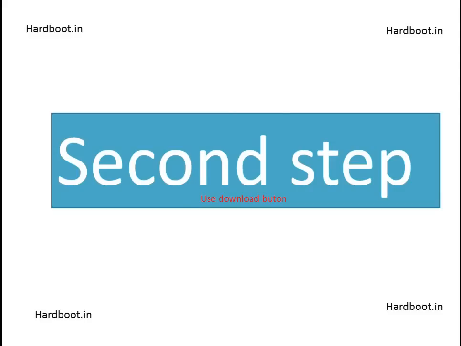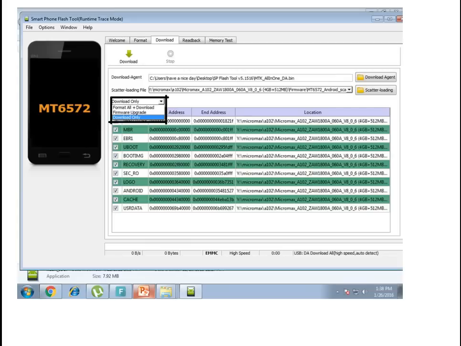Now come to the second step, and the second keyword is that you have to use the download button in SP Flash Tool. Make sure first that you use the latest version of SP Flash Tool, so that it can verify your phone's stock ROM status and match the version of your file.